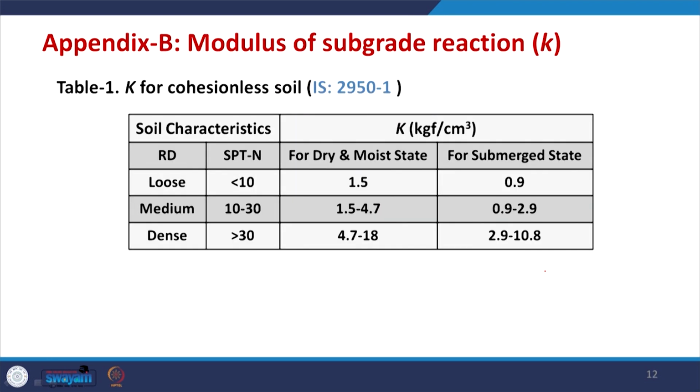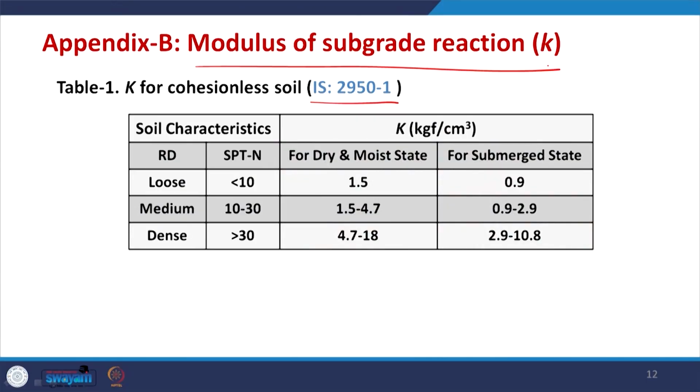If you see the code IS 2950 part 1, with the raft foundation one term is very important, which is the modulus of subgrade reaction K, because the design of the raft footing, which we are going to discuss later, is based on it. So it is important that you ascertain this value.